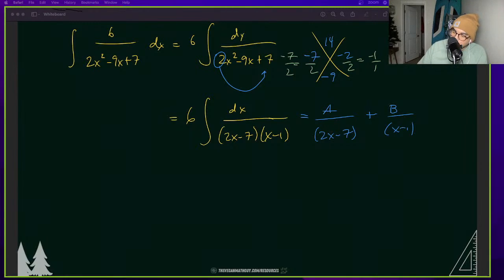And hopefully we are familiar with partial fractions, because this will become A times x minus 1 plus B times 2x minus 7 is equal to 1, I believe.